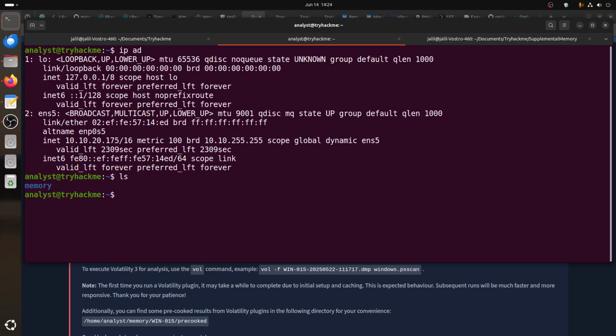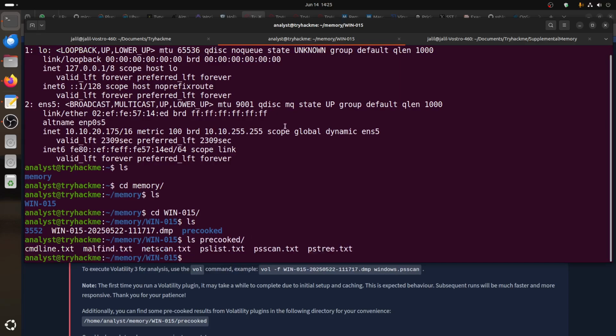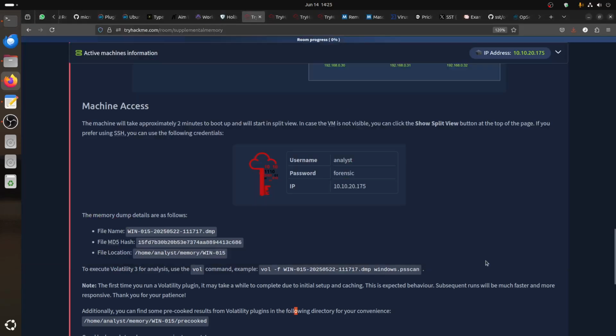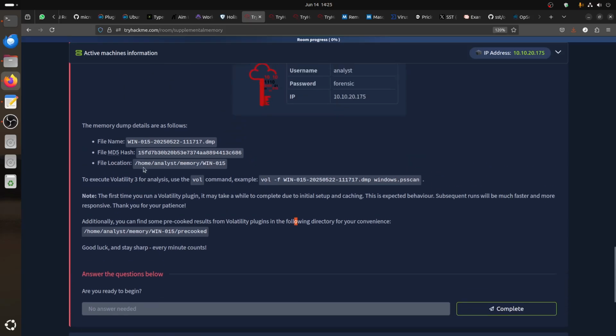When you go to memory, we get to the Windows 015 folder, and we have the memory dump and the pre-cooked results, so we don't waste time. They already give us these like in the other room, so we don't need to run too many things. They said additionally you can find some pre-cooked results from Volatility plugins in the following directory for your convenience. Of course they give us images.